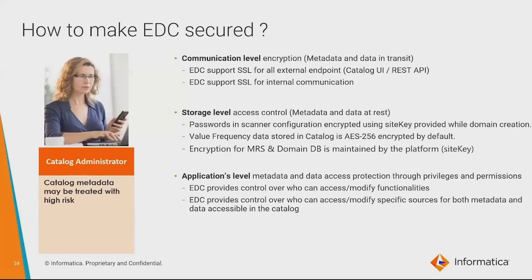At the same time, through these roles, permissions and privileges combinations, you can ensure people only get to see what they're entitled to, and all of that is taken care of through application level privilege and permission control. We will look into each of these aspects one by one.